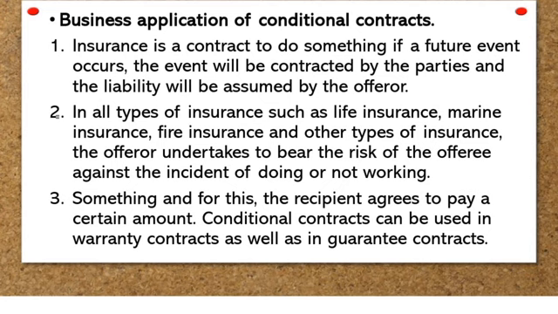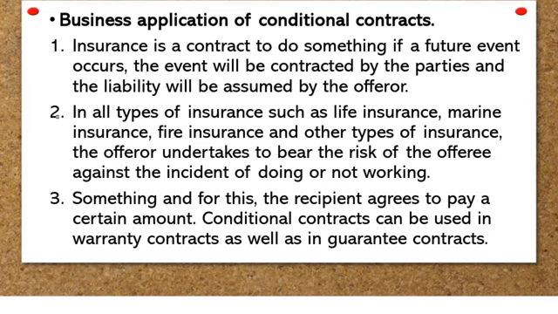Here, coming to business applications of conditional contracts, insurance needs a contract to do something in a future event. When the future event occurs, the parties assume the liability as contracted. In all types of insurance, such as life insurance, the offerer bears the risk of the offeree against the incident of doing or not doing something.